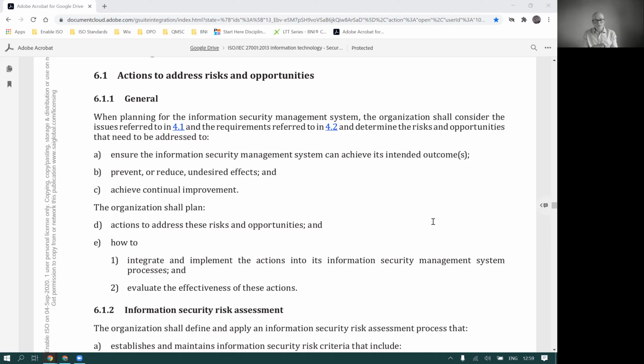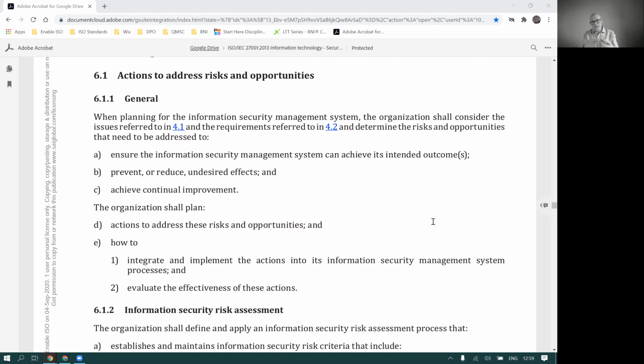It's looking for you to use the contextual issues that you've considered relevant to information security this time. And likewise, when you consider the requirements of interested parties for clause 4.2, because of the nature of that relationship, there will be issues that need to be considered. And we've already documented those issues on our Enable ISO contextual issues register.